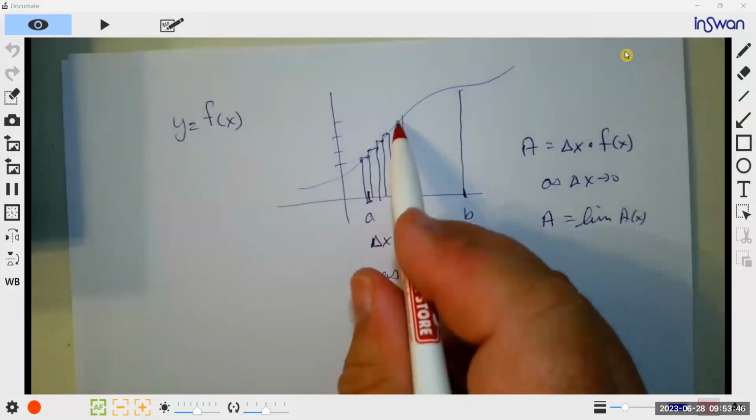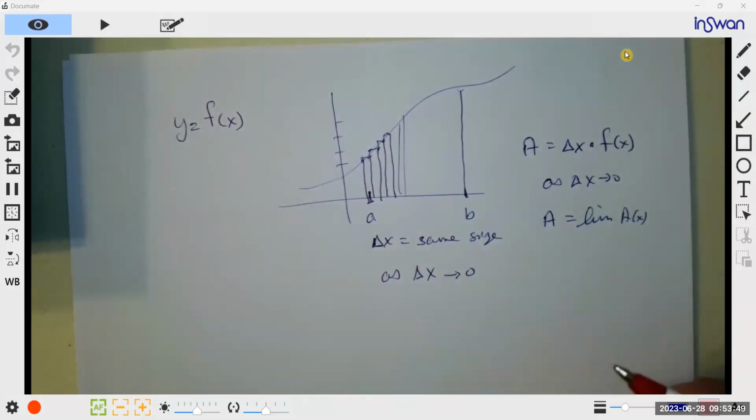And then we got an accurate representation, or actually, to be honest with you, more like an approximation of the area under that curve.